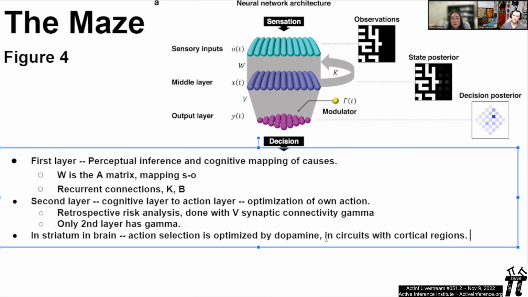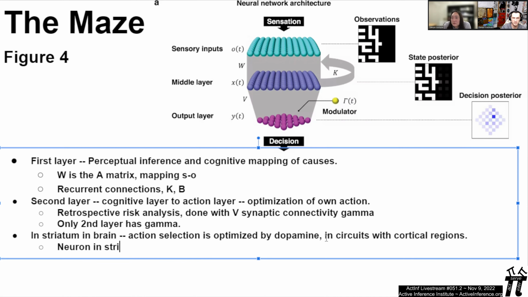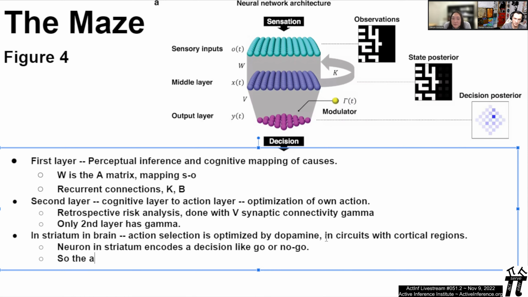But a point here is that neurons in the striatum encode some decision, for example, go or no go. So such a decision is encoded. So now we consider the analogy between the POMDP expression in the Bayesian formulation and the neural circuit in the brain that optimizes action through some sort of modulation by another factor here.